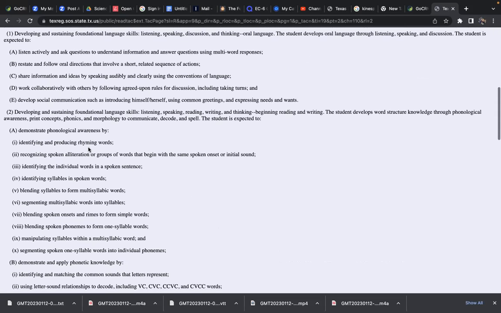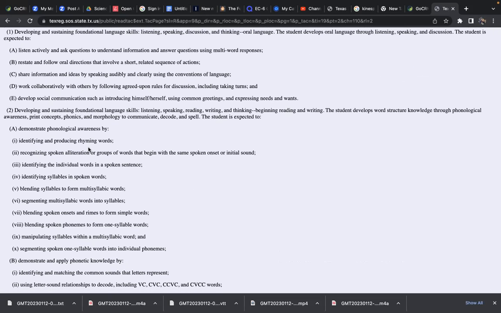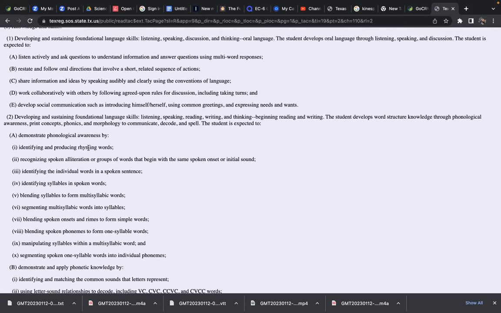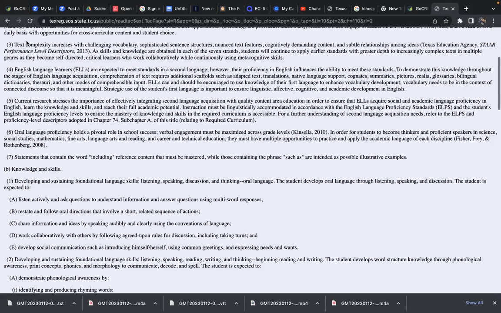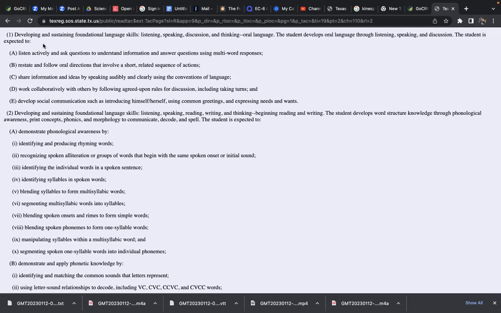Going to the TEXES, I just jumped out of our PowerPoint to show you the TEXES because we are reviewing knowledge and skills that our students must gain while they're in our classroom. And so you'll see, this is kindergarten, you have them developing and sustaining foundational skills in oral language, and then the things that they have to do.